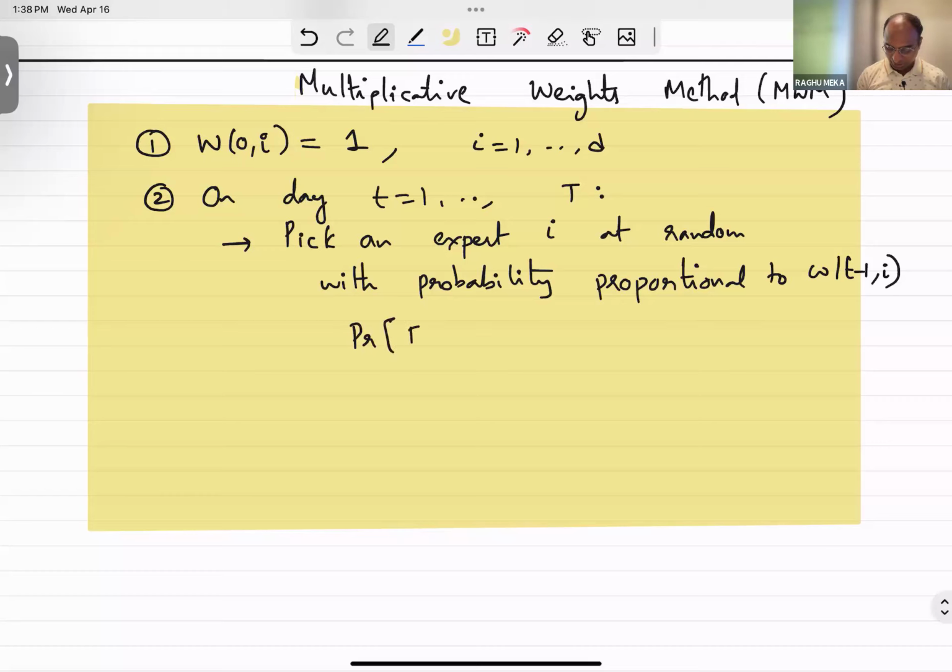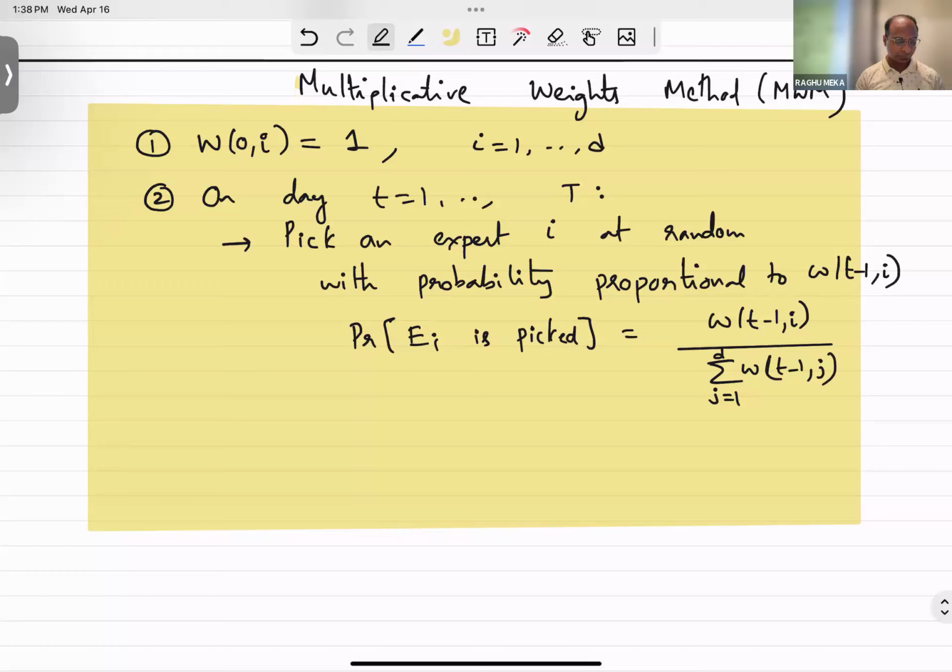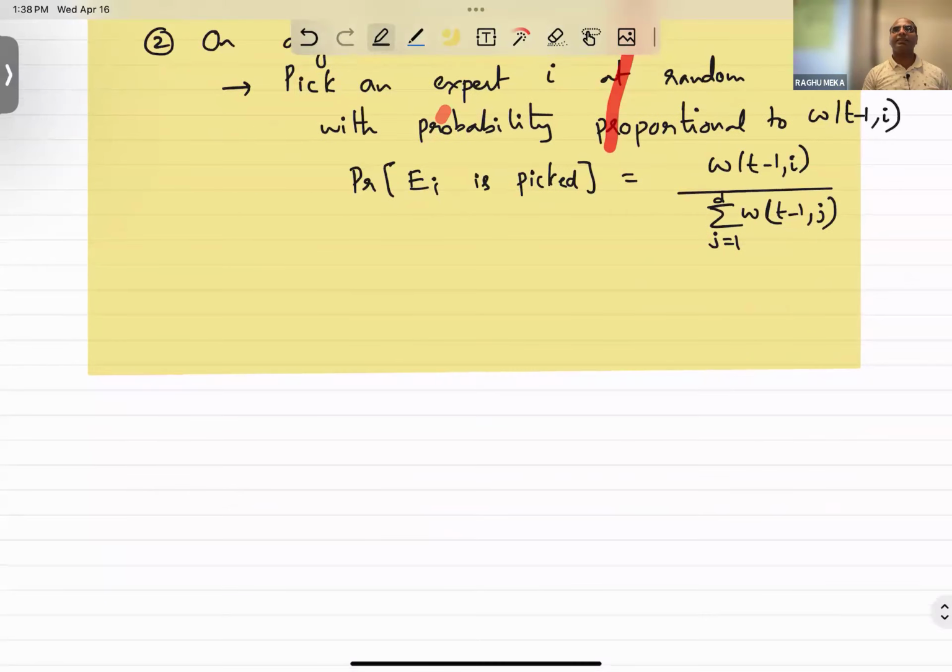More formally, the probability that expert i is picked is exactly the weight of that expert divided by the total weights, just to make it a probability distribution. Okay, so we first pick an expert at random this way, and then we just follow this expert.